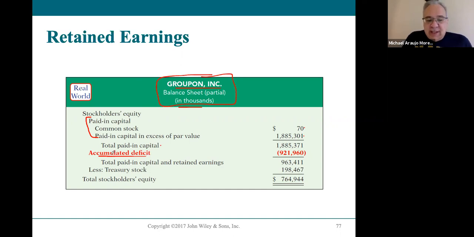So here what you see is retained earnings is in what we call an accumulated deficit, which means that this company, Groupon, up until whatever date this is, has lost nearly $1 billion. Okay. Because right now this is 921 million, because you have to add 3 zeros to all these numbers. So up until the date of whatever this was, Groupon had a cumulative loss of $1 billion.